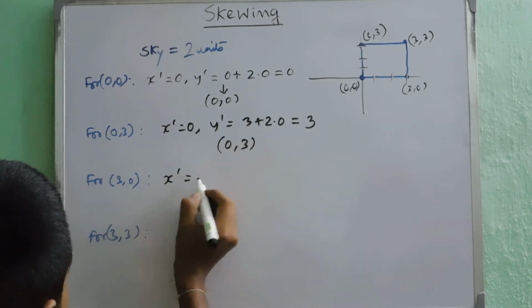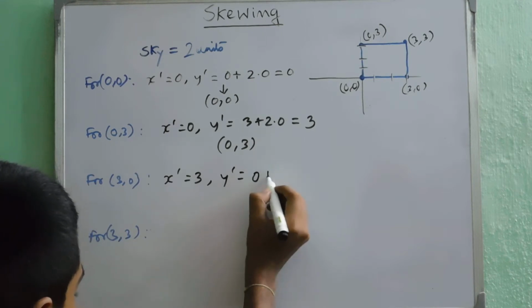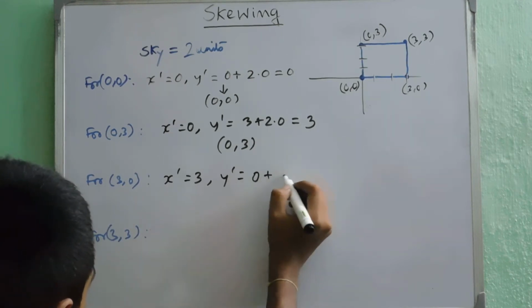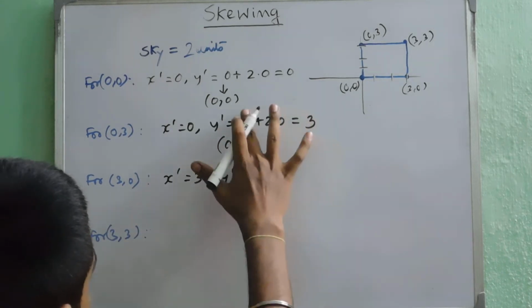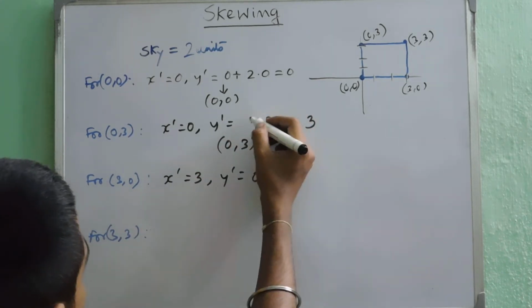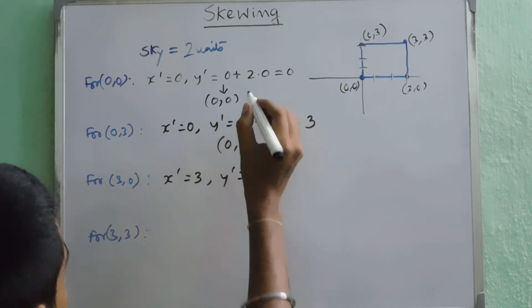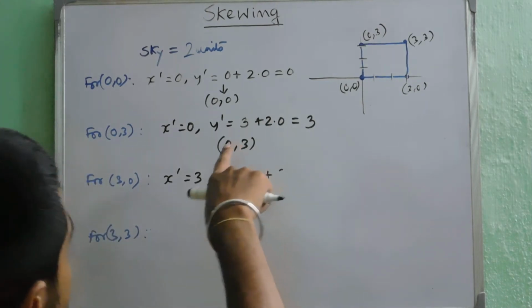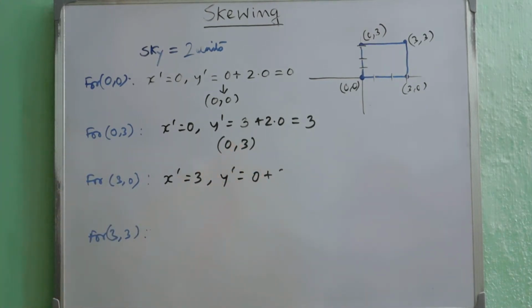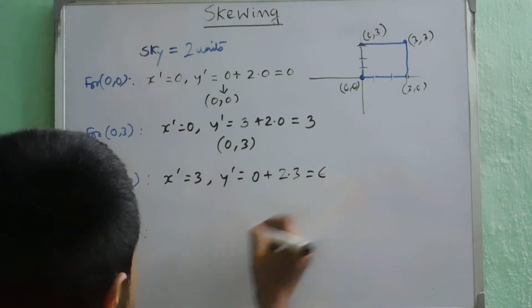For 3, 0, x dash is 3, and y dash is 0 plus 2 into 3, that will be 6.